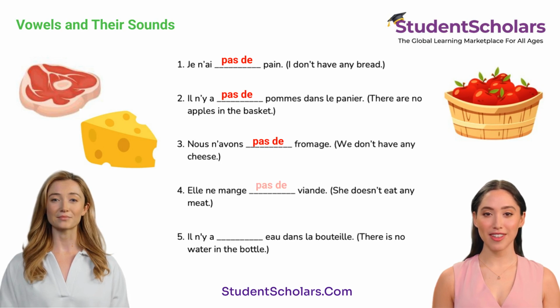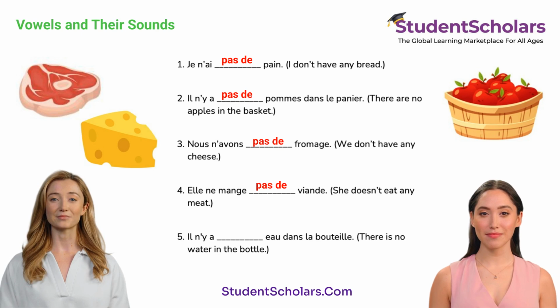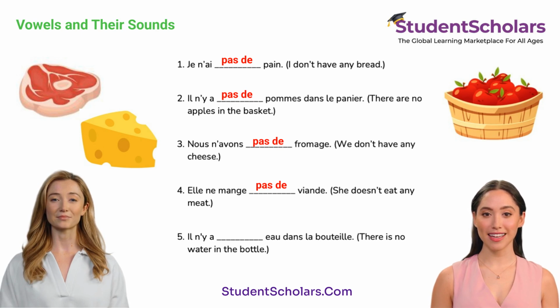Elle ne mange pas de viande. She doesn't eat any meat. Il n'y a pas d'eau dans la bouteille. There is no water in the bottle. Great work. Bon travail.